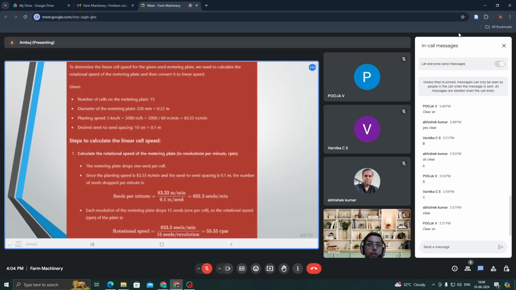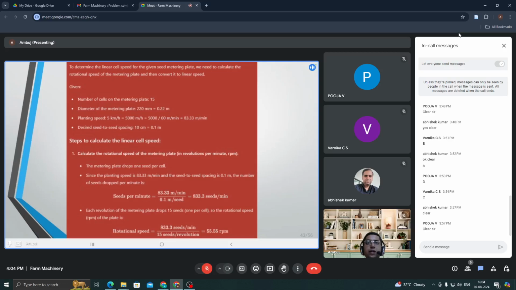Then what would be the number of seeds per minute? 83.33 meters per minute is the planting speed. And what is the seed dropping spacing? It is 0.1 meters per seed. In this way, you have to manipulate this question. Directly using the values would be somewhat difficult.